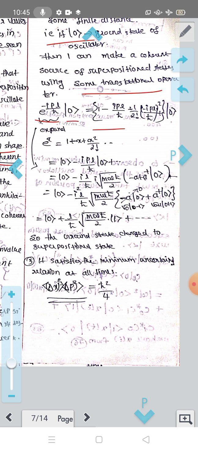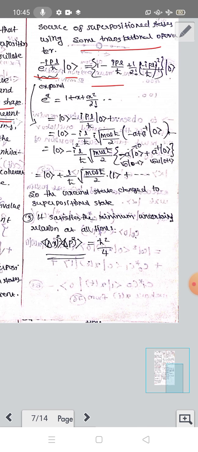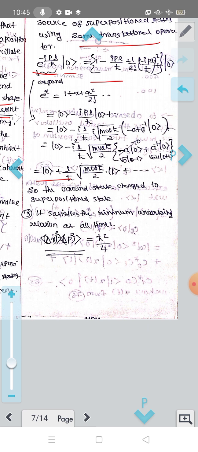And this is expanded as e raised to x equal to 1 plus x plus x square by 2 factorial. So we will get ket 0 plus l by h cut root m omega h cut by 2 ket 1 plus etc. So the ground state changed to a superposition state.